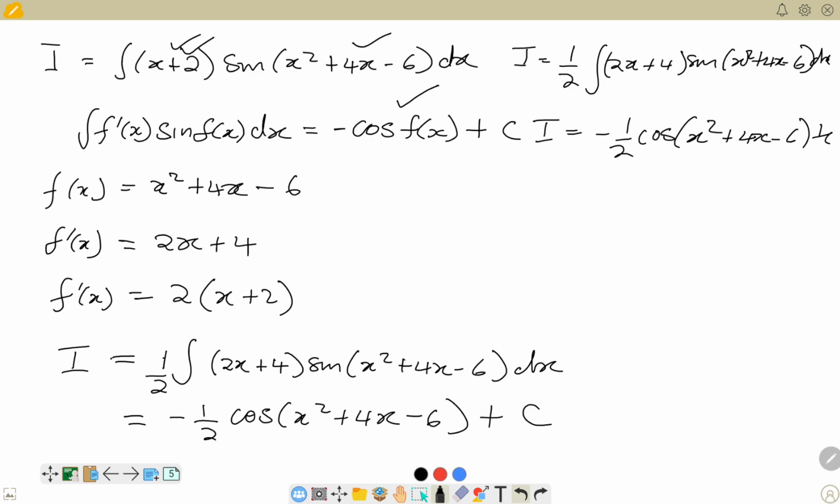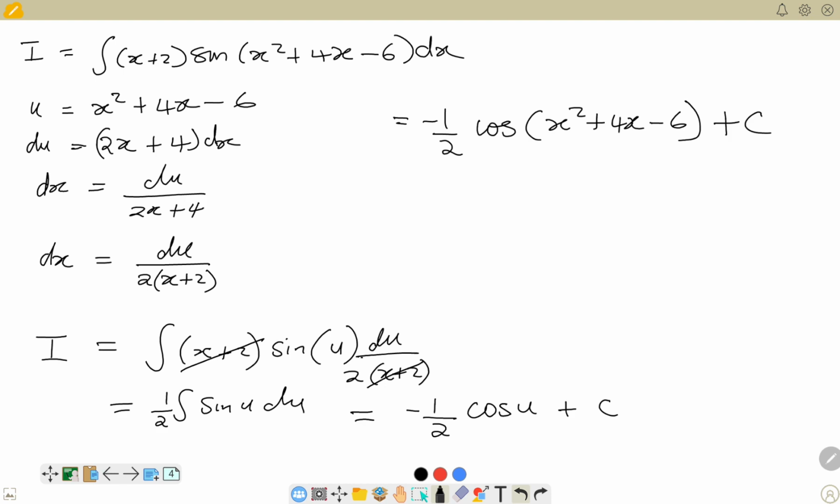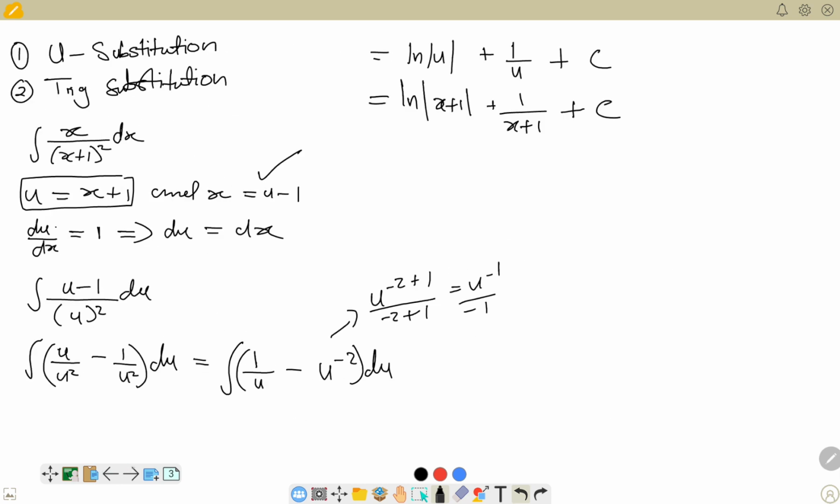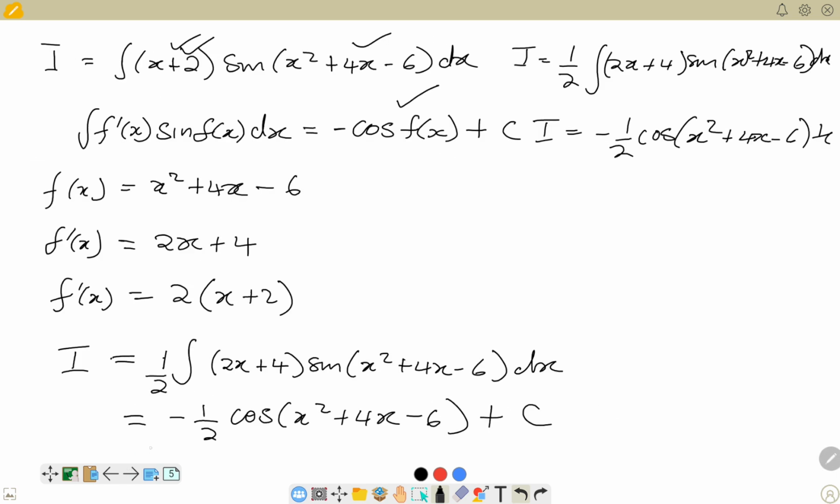So now we have looked at the main purpose, which was U-substitution, and the scope was that we also need to look at trigonometric substitution. So let's look at trigonometric substitution on the following page here.